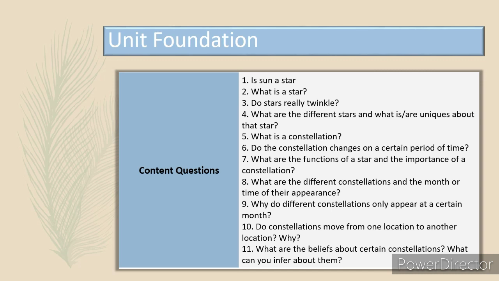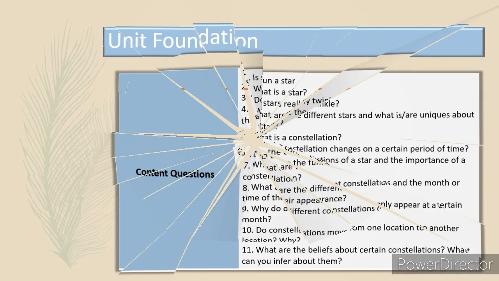Why do different constellations only appear at a certain month? Do constellations move from one location to another location? Why? And lastly, what are the beliefs about certain constellations? What can we infer about them? So those are the 11 content questions.